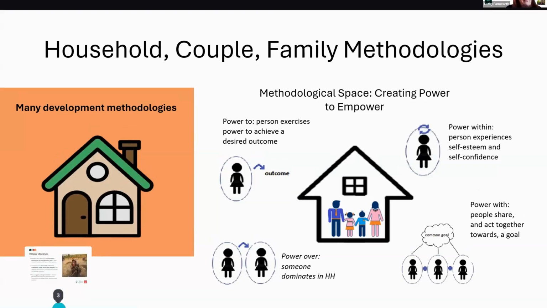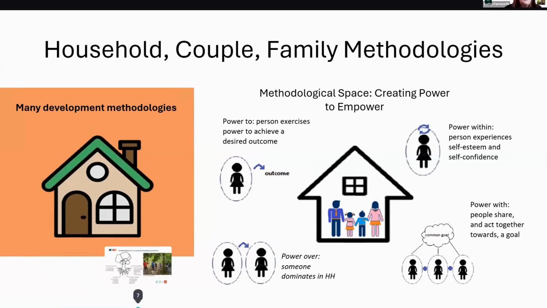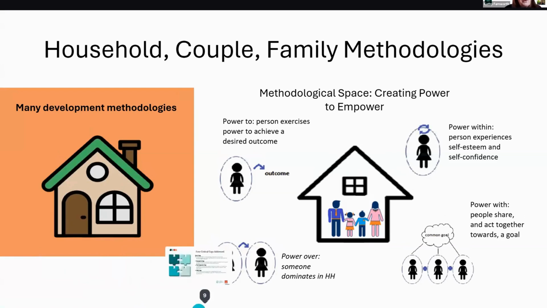Just to look at the picture on the left here, I wanted a picture of a typical house to illustrate this slide. What really struck me was that every picture I looked at on the internet had a house with a closed door. I think this is fundamental to household methodologies. It's about how we conceptualize a household.